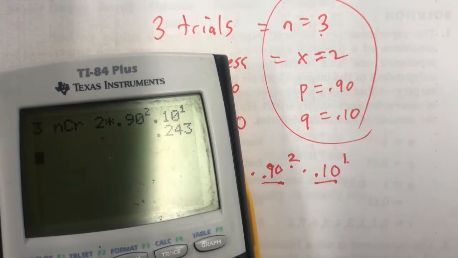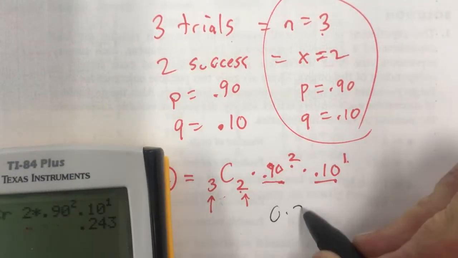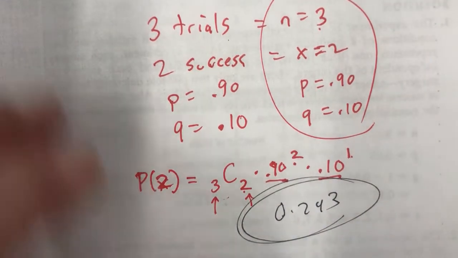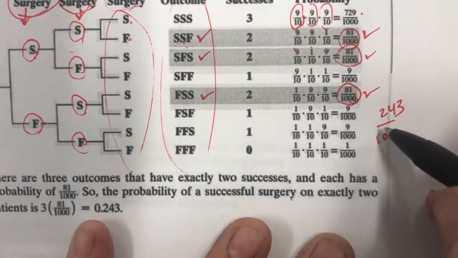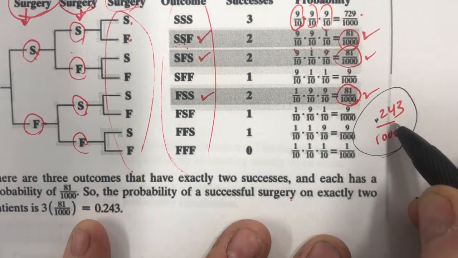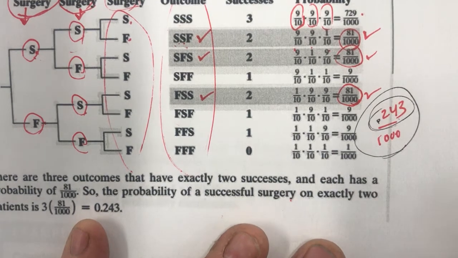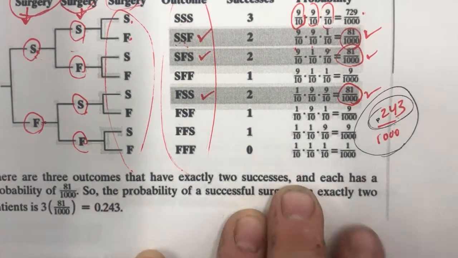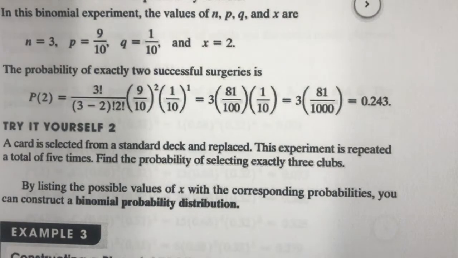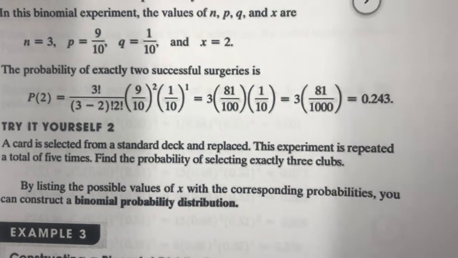And then there you go, 0.243. That's what I get right there, which is what this is. This is 0.243. So when I divide it by 1,000, it just moves the decimal over, 0.243. And you can see it right there in the answer. Now we're not going to look at that.